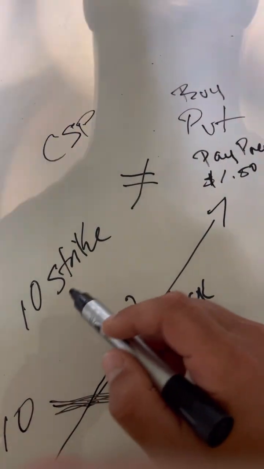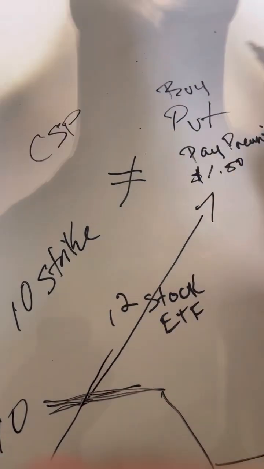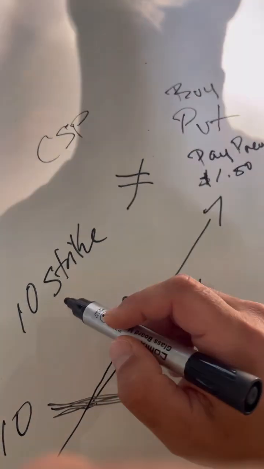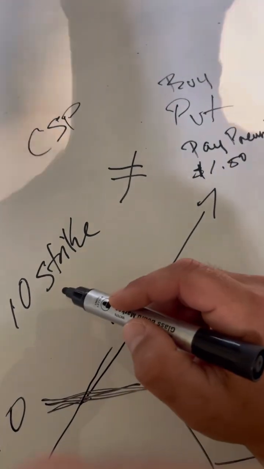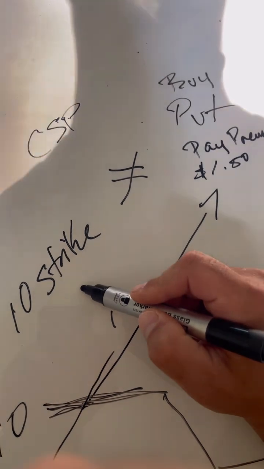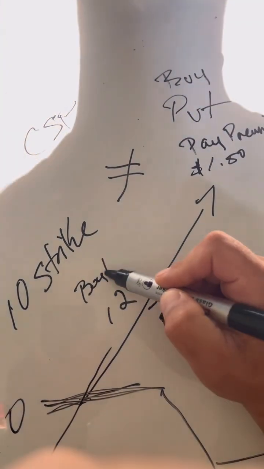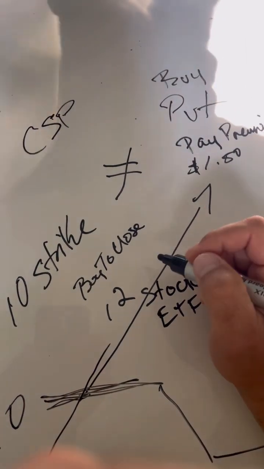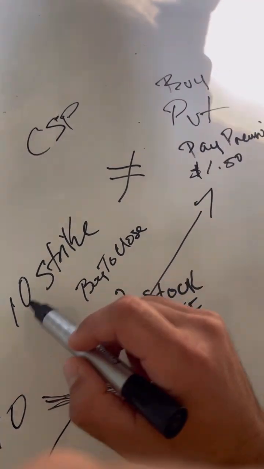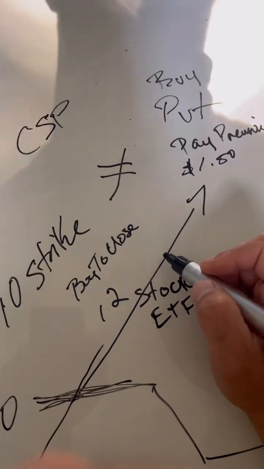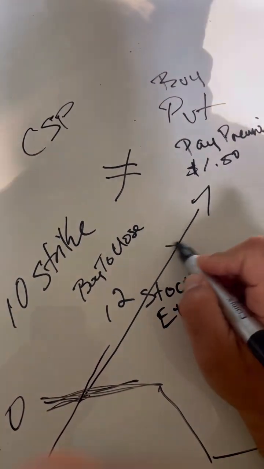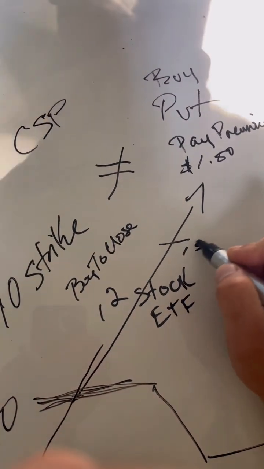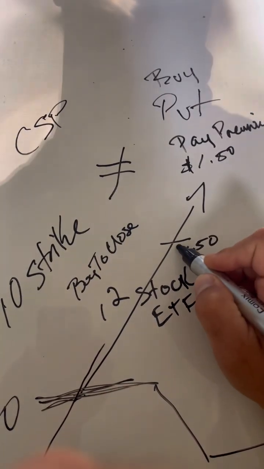I want to get out of this early. My expiration might be a month out, so I'm going to pre-plan this, and I'm going to say I want to buy to close my $10 put, and I'm willing to pay back $1.50.